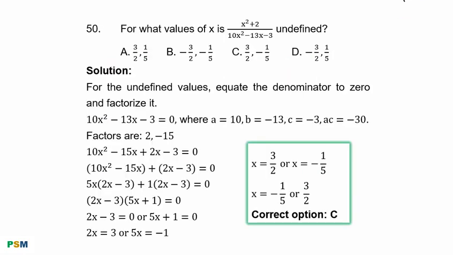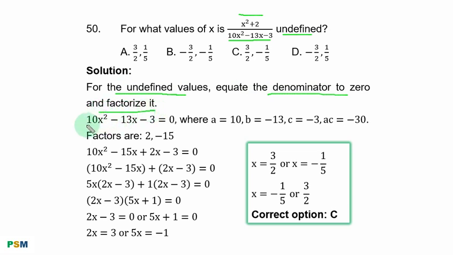Question 50. For what values of s is s squared plus 2 over 10s squared minus 13s minus 3 undefined? Solution: for the undefined values, equate the denominator to 0 and factorize.